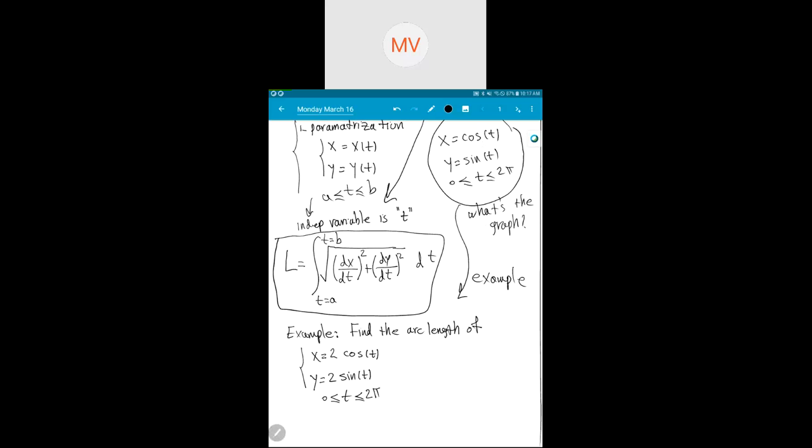So what do we need in this formula? We need the derivatives of each of x and y with respect to t. So we need x prime of t, or dx over dt, which equals negative 2 sine t. We need dy over dt, which is 2 cosine t.